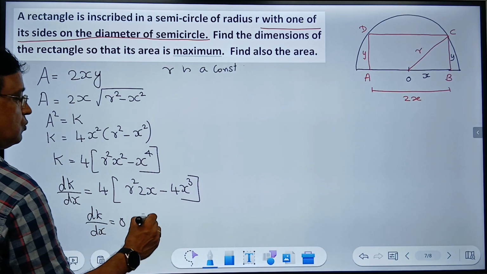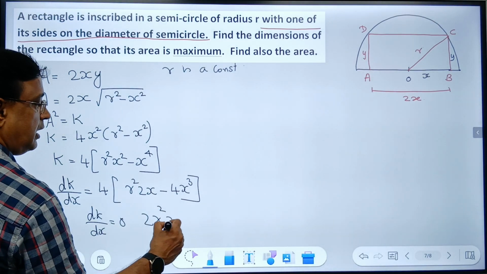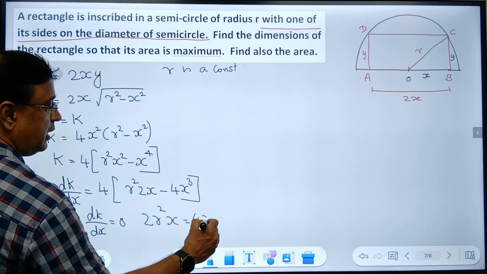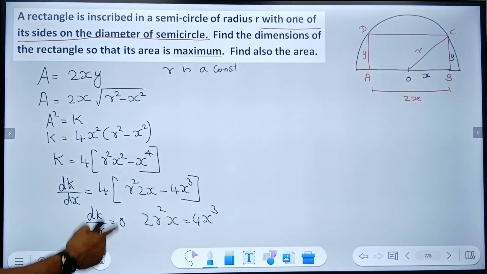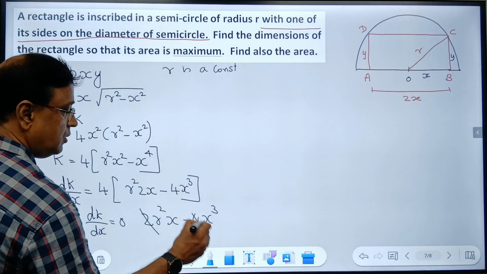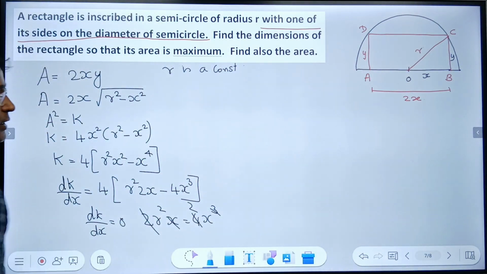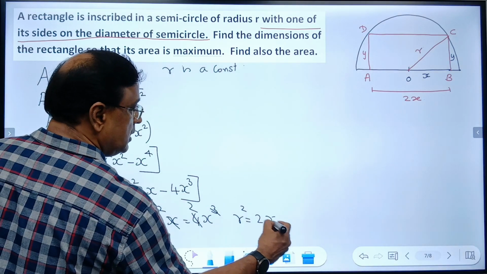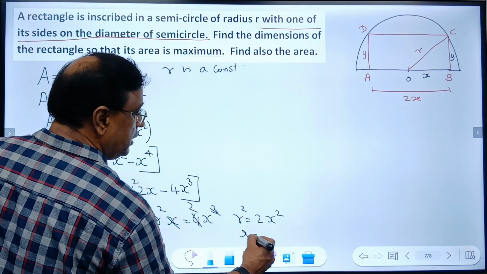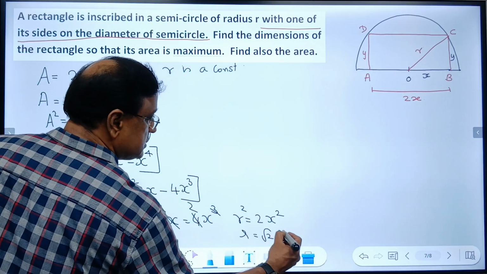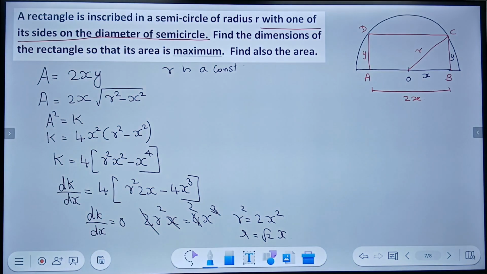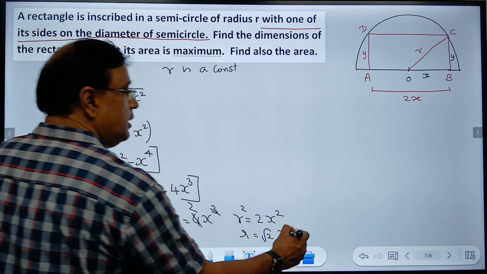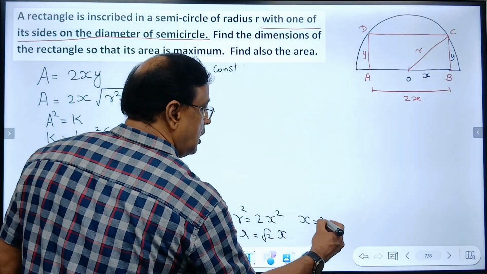So I get 2r square x equal to 4x cube. x gets cancelled and 2 also gets cancelled, so I get r square equal to 2x square. Therefore x is equal to r by root 2.